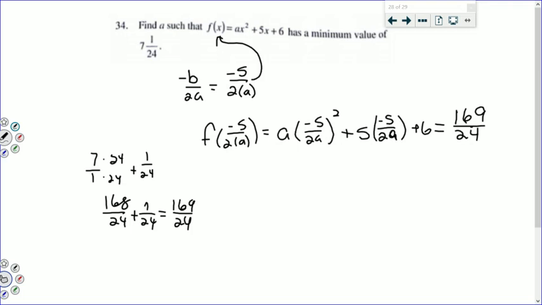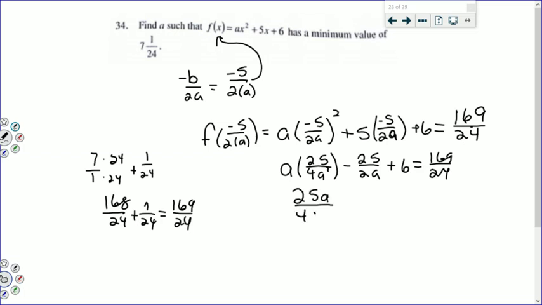So we distribute, we expand, so we have a times 25 over 4a squared, or excuse me, minus 25 over 2a plus 6 equals 169 over 24.